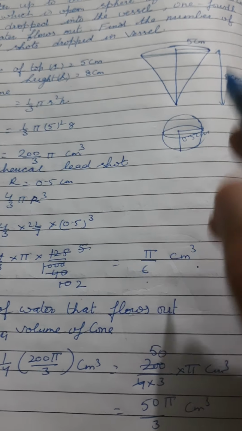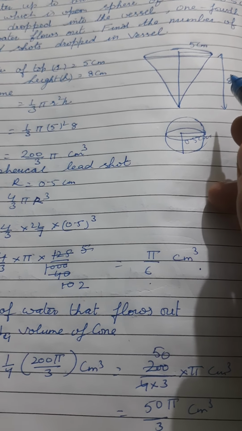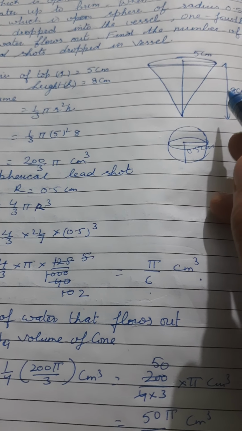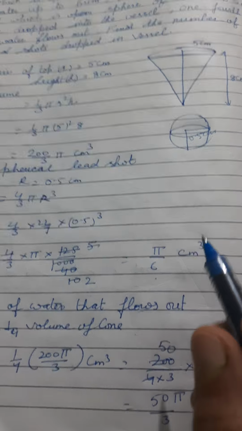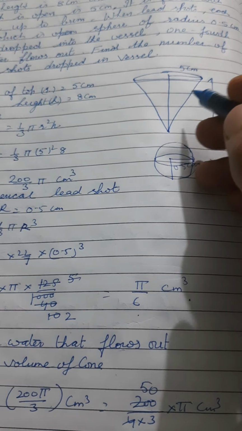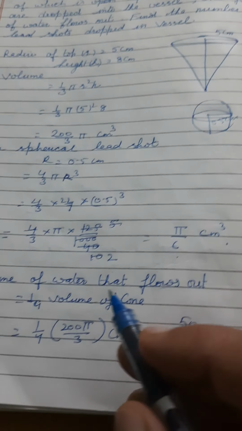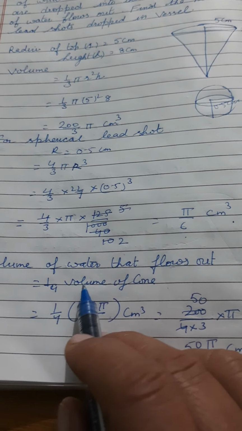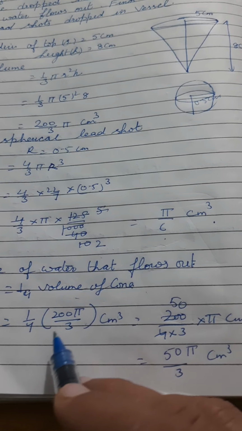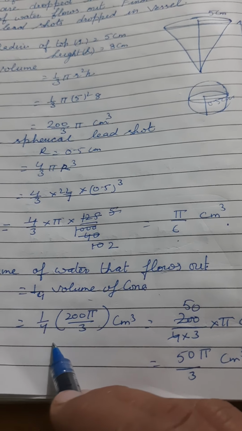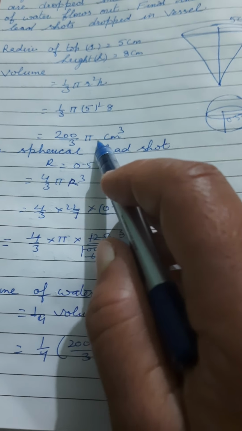Now the water that is spread out will be equal to the volume of n lead shots. The water that spreads out from the cone is given to be 1/4 of the volume of the cone. Therefore, the volume of water that flows out is 1/4 of the volume of the cone. The volume of the cone was 200/3 pi.